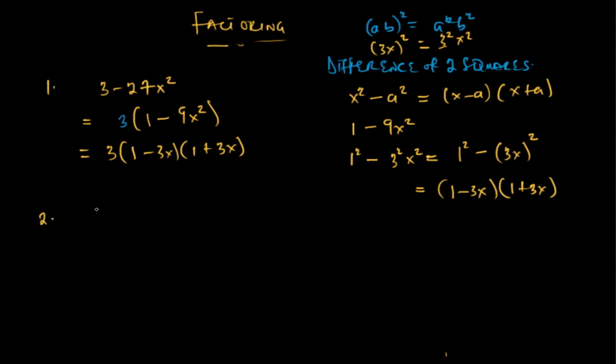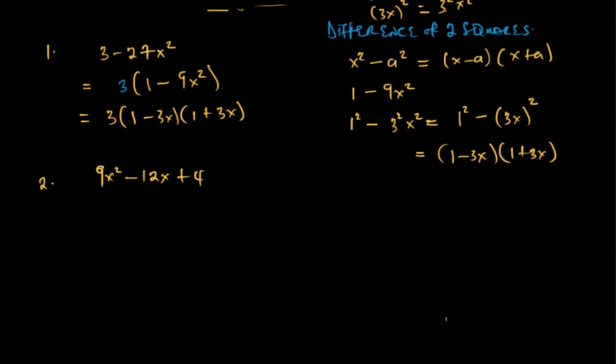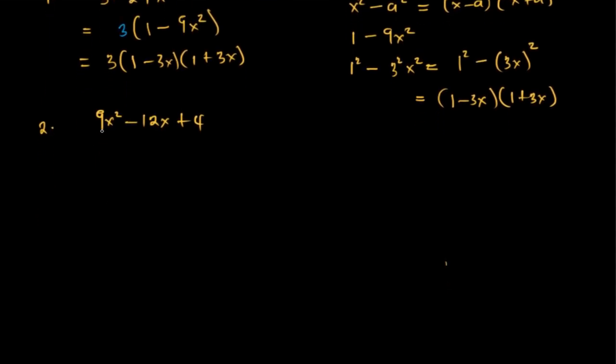Now let's look at the next example. We're told to factor 9x squared minus 12x plus 4. There are actually different ways of factoring this, but a very good way, which some might consider too simplified, is to first form the product: multiply the first term, the one with the highest degree, by the last term.